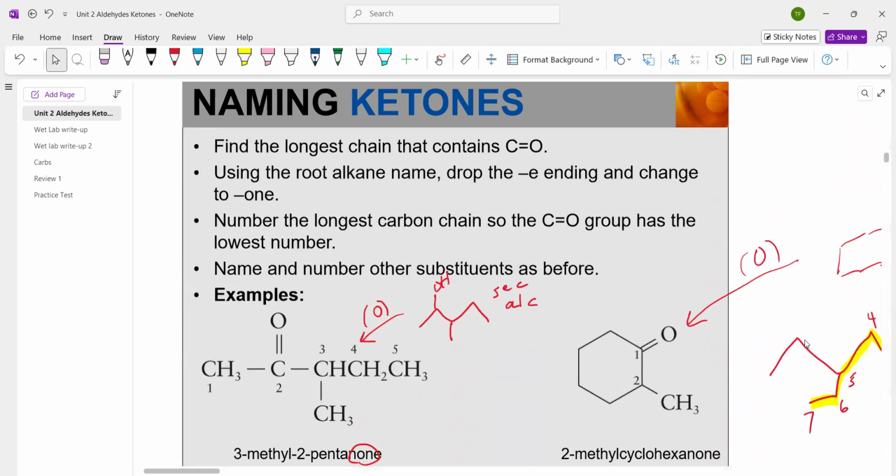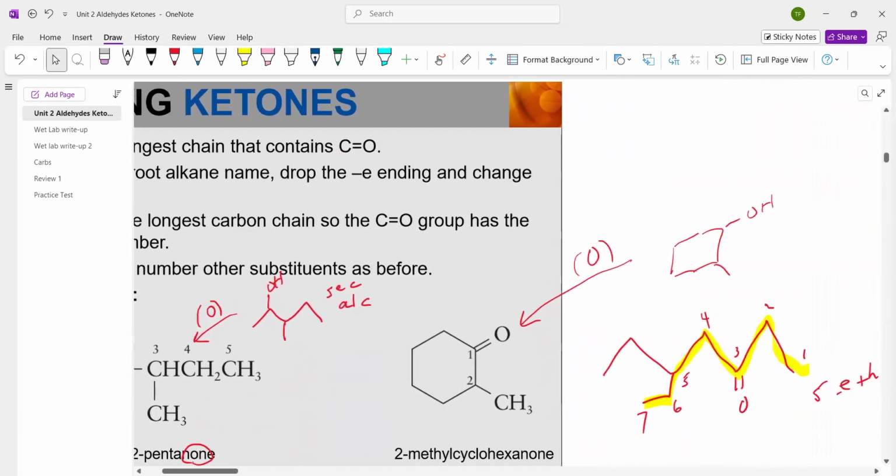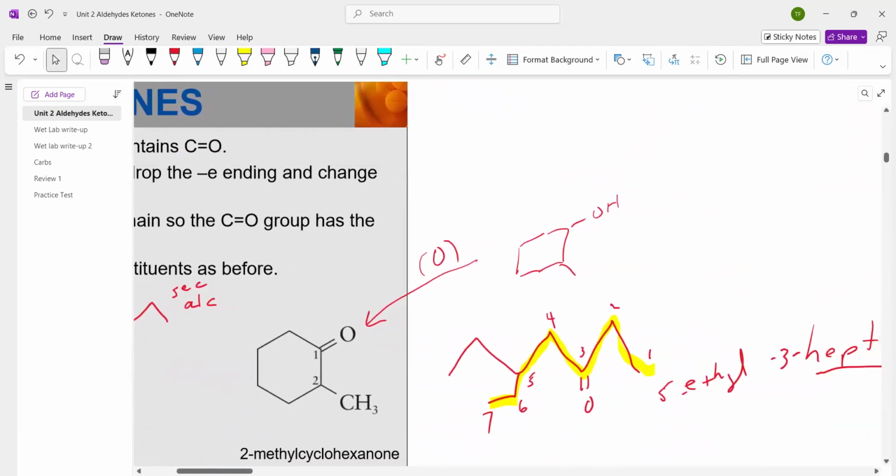Okay. Ketones is the carbonyl group is in the middle someplace. And again, the longest chain has got to contain the ketone. By the way, cyclic ketones are common. You cannot have a cyclic aldehyde, however, because an aldehyde requires a hydrogen attached to that carbon there.